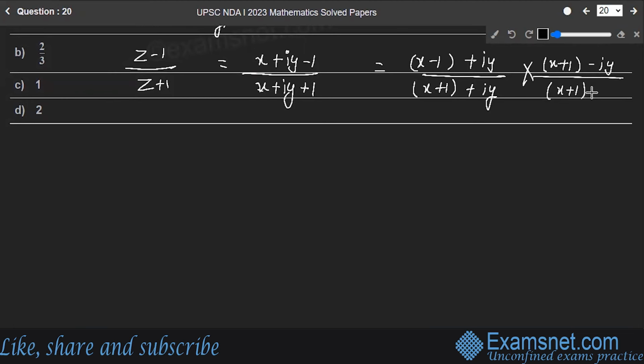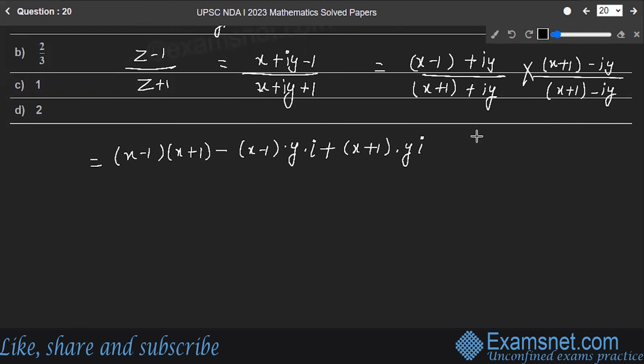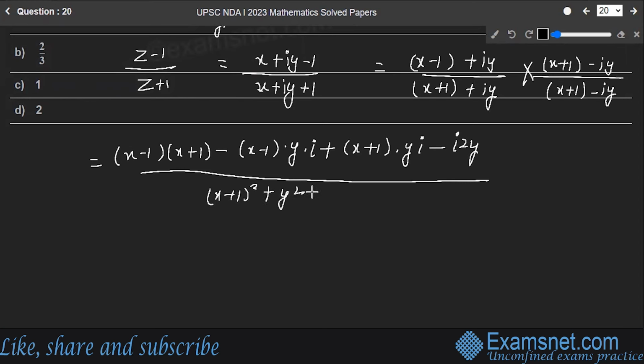So this will make it (x minus 1)(x plus 1) minus (x minus 1) y iota plus (x plus 1) y iota minus iota square y square, whole divided by a square minus b square. So iota square is minus 1, this will make it plus y square.